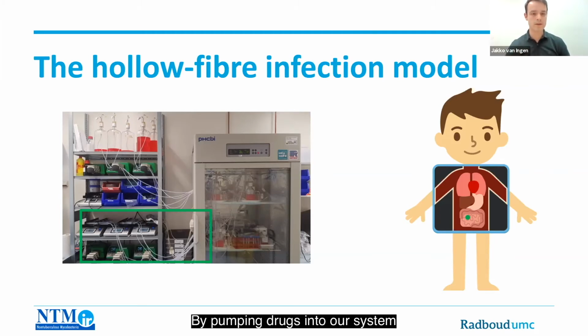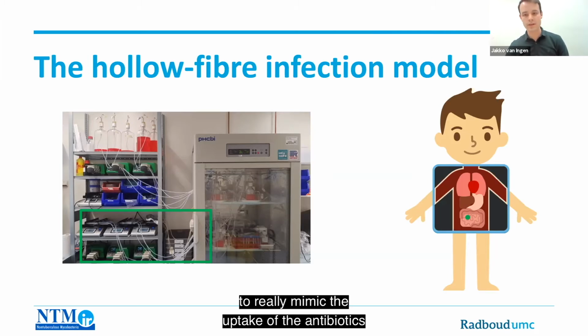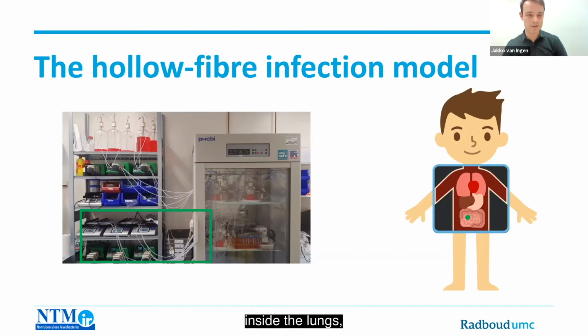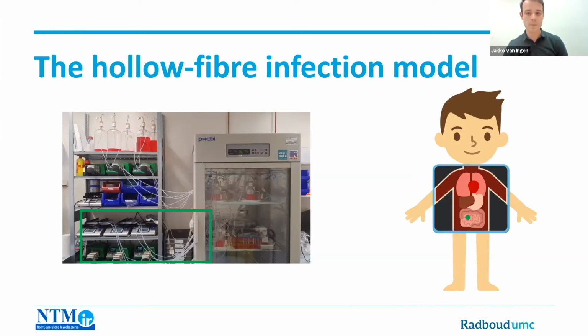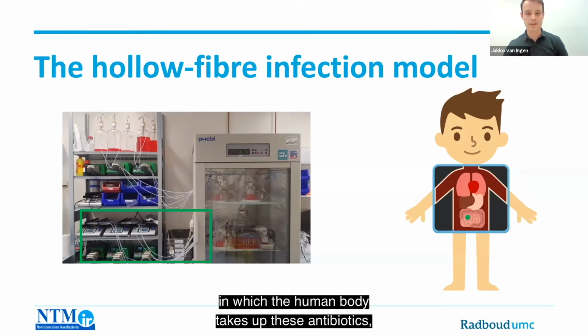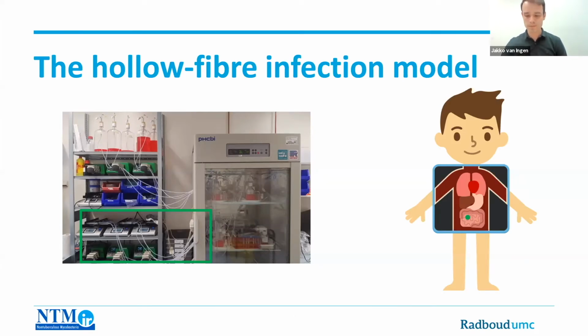By pumping drugs into our system at a speed determined to really mimic the uptake of the antibiotics inside the lungs, we can mimic the exact concentrations and the rate at which the human body takes up these antibiotics.